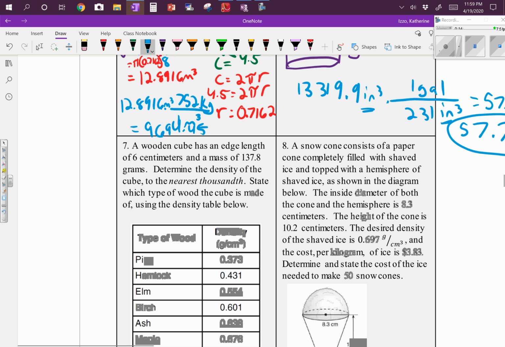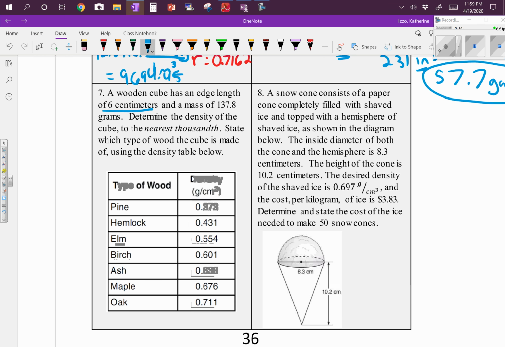Okay, next one. A wooden cube has an edge length of 6 centimeters, and it has a mass of this many grams. We need to find the density of the cube. First thing we do, we draw the cube.